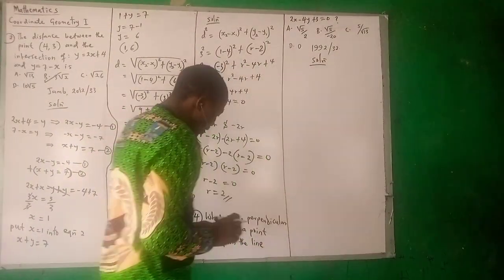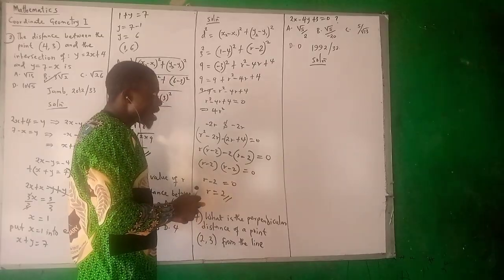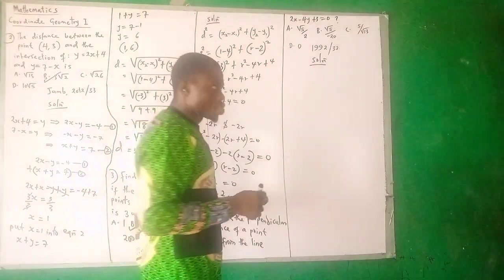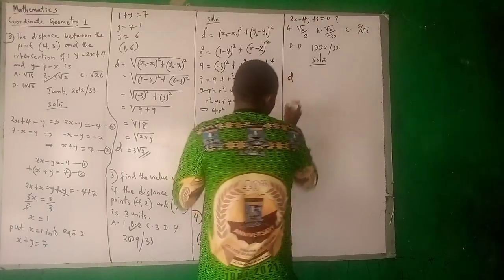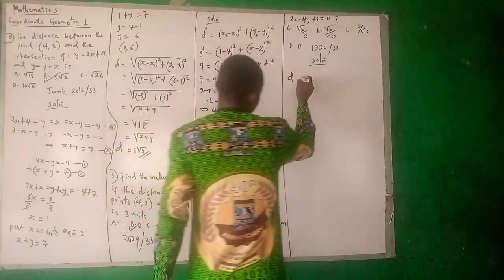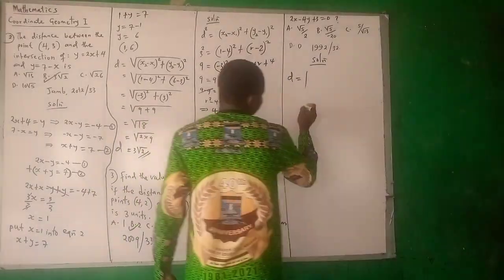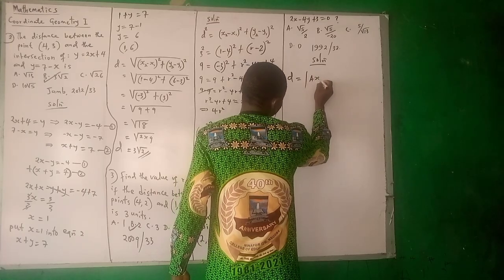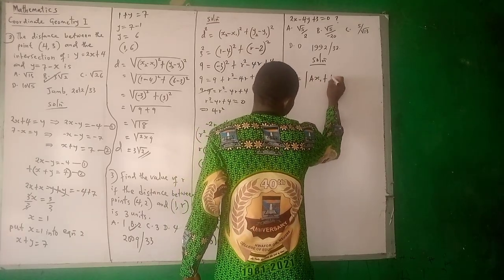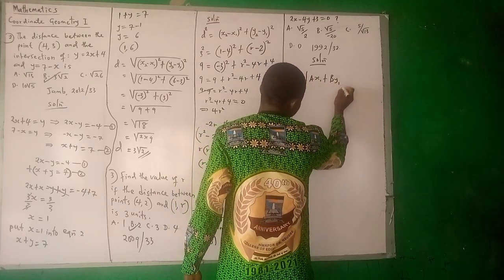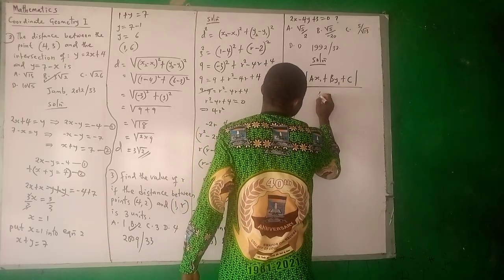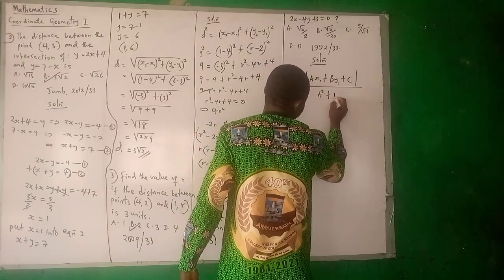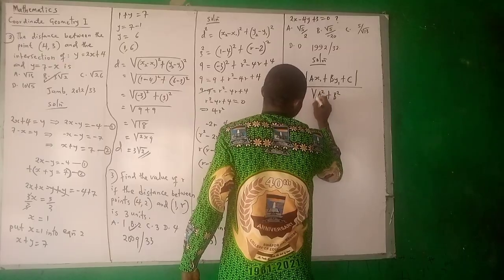Now, for this particular one, a point and one straight line equation, the formula is d, the distance, equal to the absolute value of ax1 plus by1 plus c, all over the square root of a square plus b square.